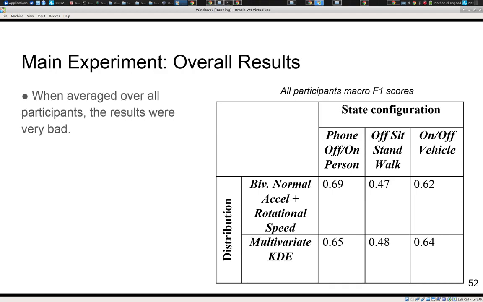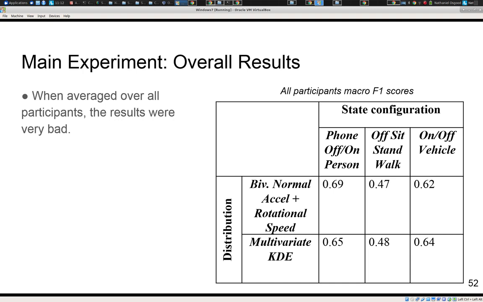So with all participants, what we found is really quite poor ability to classify. Okay, and this occurred across multiple types of HMM structures. So we had HMMs which posited different distributional assumptions for the conditional distribution given a state.